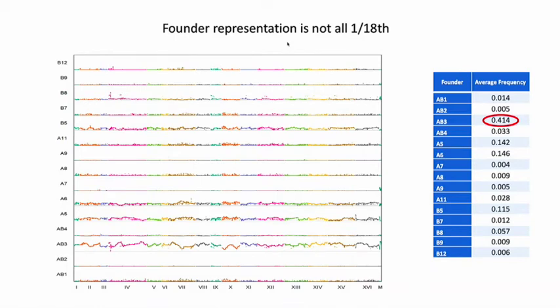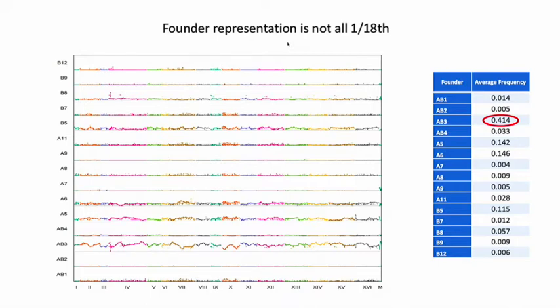Again, these are the founders here. This is their frequency in the base population. The different colors here are different chromosomes. So you can see this AB3 haplotype did very well in making the founding population, such that it's often at a frequency of 20, 30% in many of the replicates.